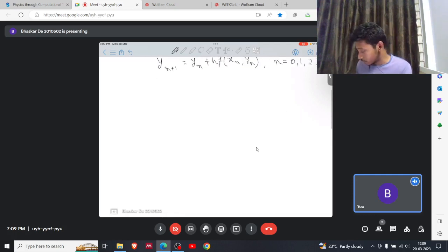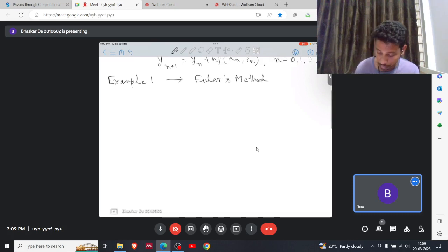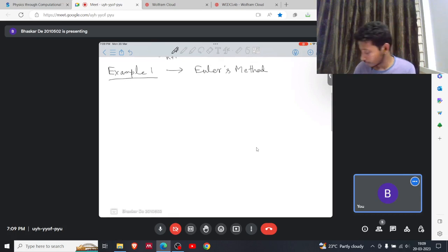Now I will show one very basic example. Here the problem is y dash equal to minus y with condition y0 equal to 1.